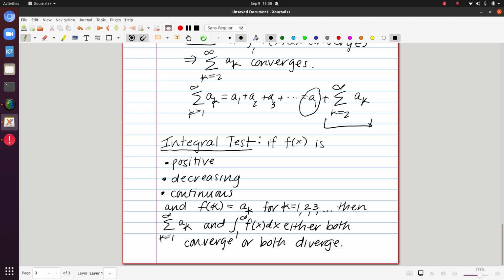So importantly, keep in mind that in our context, we don't know about the series. The hope is that we can construct this integral, an improper integral, determine whether or not that integral converges or diverges, and then use the integral test to make the same conclusion about the series.